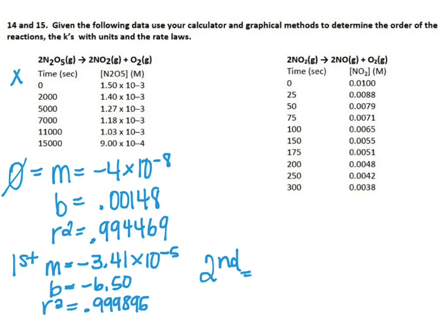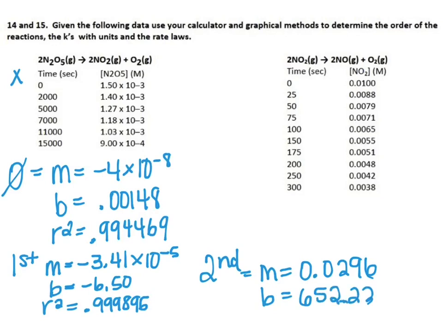This time my M is 0.0296, my B is 652.22, and my R squared is 0.99428.